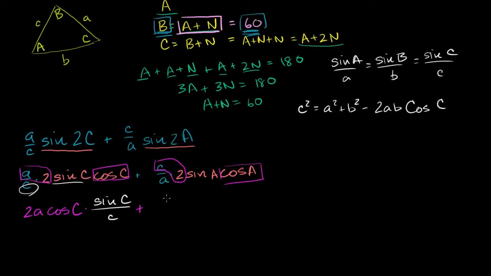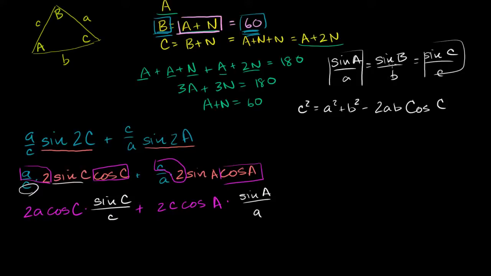And so I get plus 2c cosine of a times sine of capital A over lowercase a. Now, what did this do for me? Well, look at the law of sines right over there. I have sine of c over c, that's that over there, and then I have sine of a over a, that's that over there. They're both equal to sine of b over b.